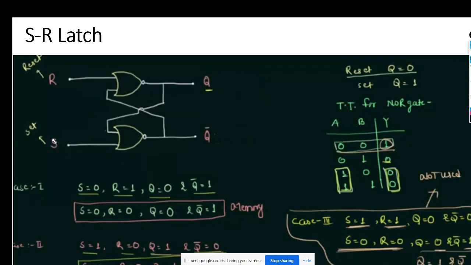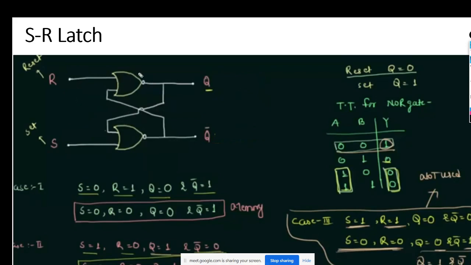So we have the R, S, Q, and Q bar. As I told you, some combinations will make it set. Another combination will make it reset. Another combination, the 0 0 combination, will retain it. 1 1, we don't want to make it happen.